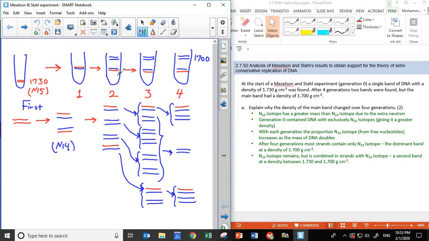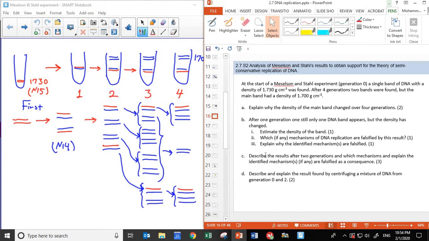In the second generation, we have 2 bands, where one band is in the middle, which is a mixture of nitrogen 15 and nitrogen 14, but the other band includes only nitrogen 14. So here we go. If you want to answer, pause the video and look at the answer over here.